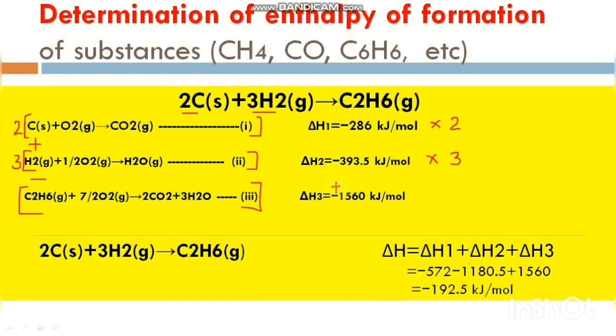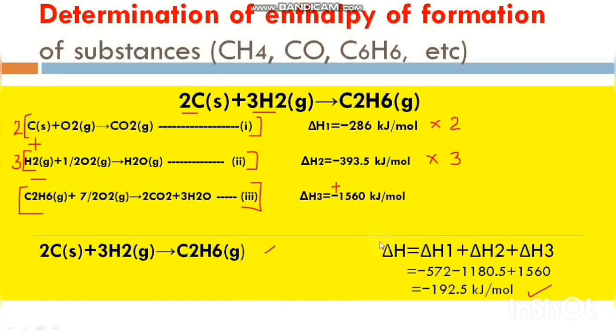So when we add these equations we will get the required equation, 2 carbon plus 3 hydrogen giving you C2H6. Similarly, when we add the enthalpy values we will get the enthalpy of formation of ethane, which comes out to be minus 192.5 kilojoule per mole.